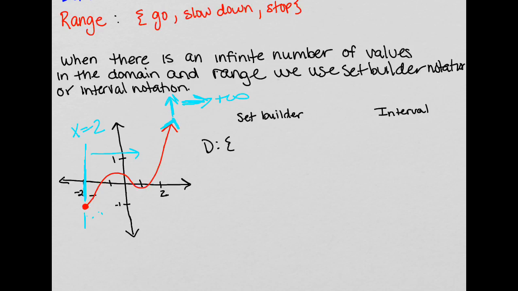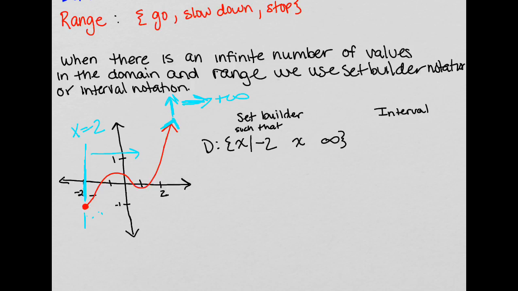So in set builder notation, we start with this brace, and then we write x with a vertical line. That vertical line just means "such that," and then we write our inequality, bounded by the -2 on one side, infinity on the other side, and the x variable in the middle. Then you have to write your inequality symbols.